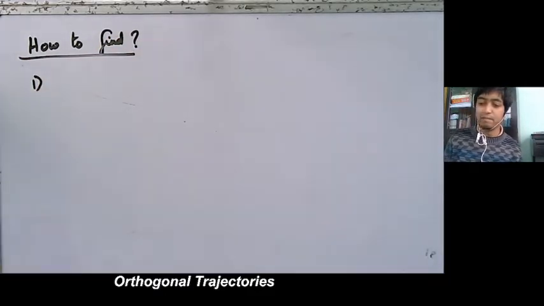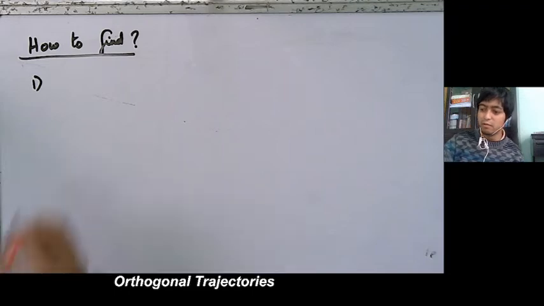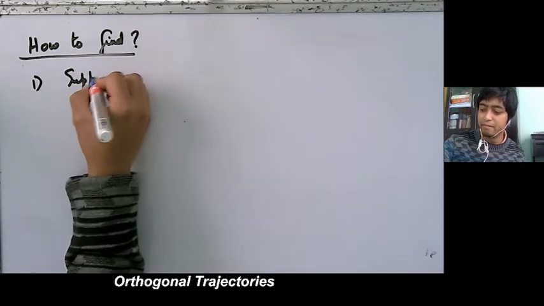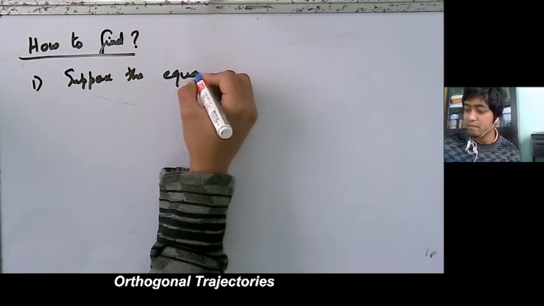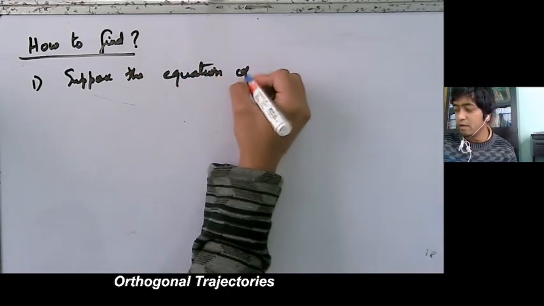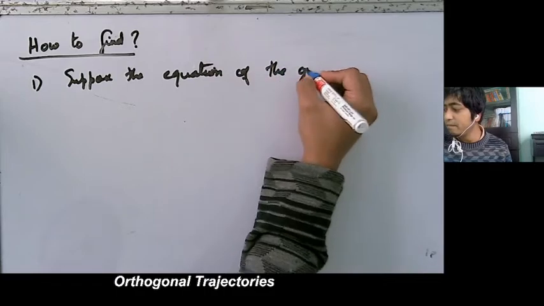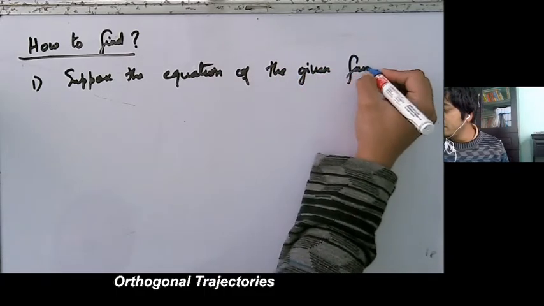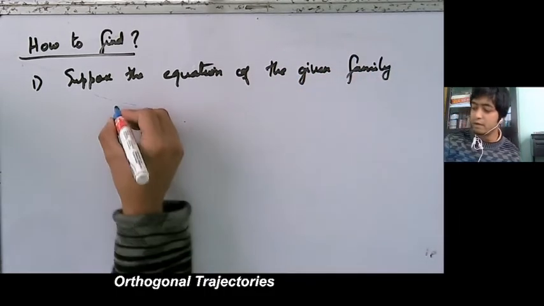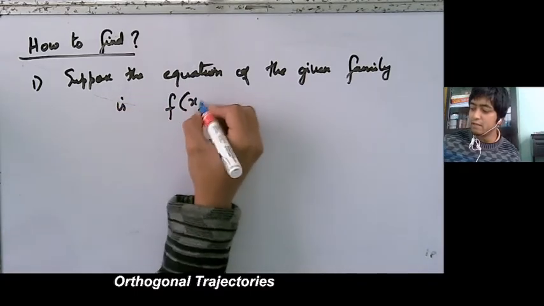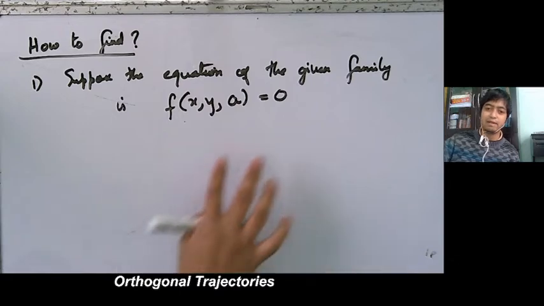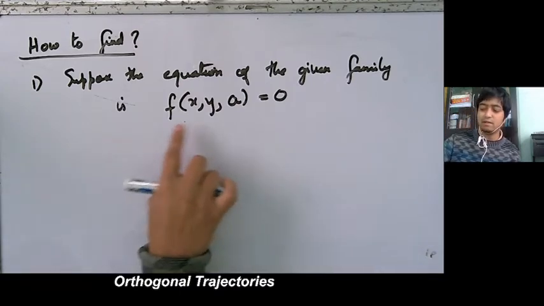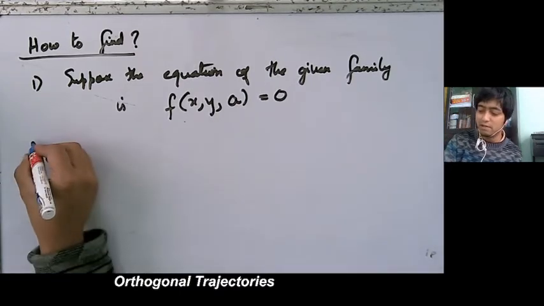Number one, suppose the equation of the given family is f(x, y, a) = 0. Do not worry, I will explain with an example why it should be f(x, y, a) equal to 0.